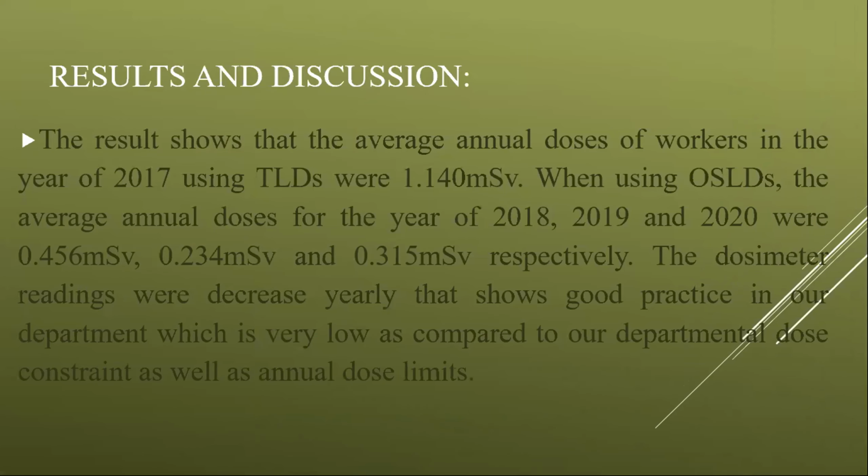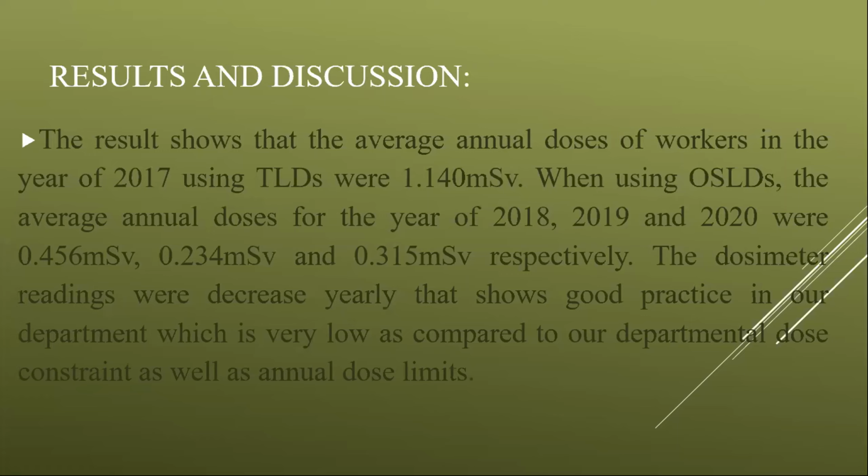Now moving toward the result and discussion. The result shows that the average annual dose of workers in the year 2017 using TLDs was 1.140 millisievert, and when using OSLDs, the average annual doses for the years 2018, 2019, and 2020 were 0.456 millisievert, 0.234 millisievert, and 0.315 millisievert respectively.